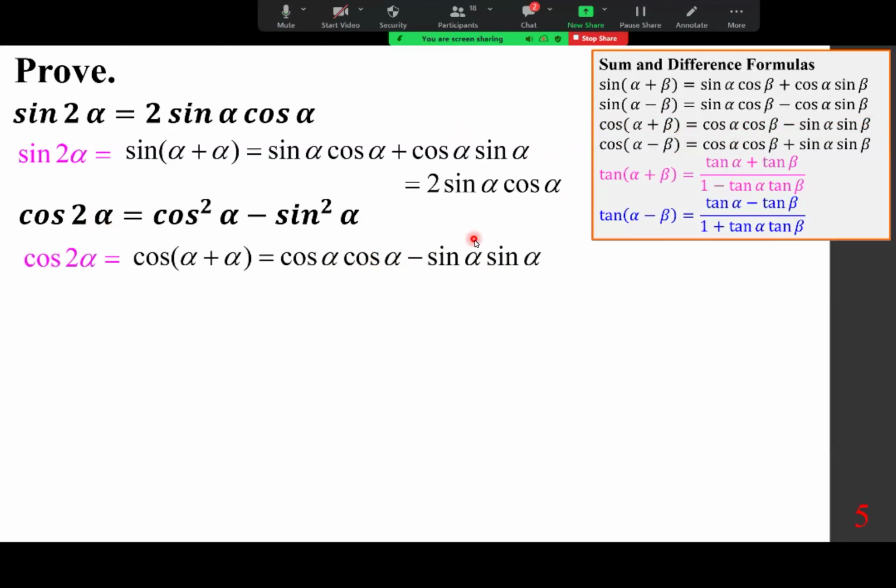I hope you see what we are doing again. We are changing this beta to alpha, and that's what we are getting, which means it's cosine squared minus sine squared.